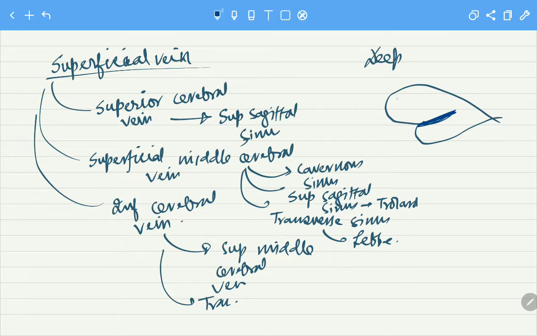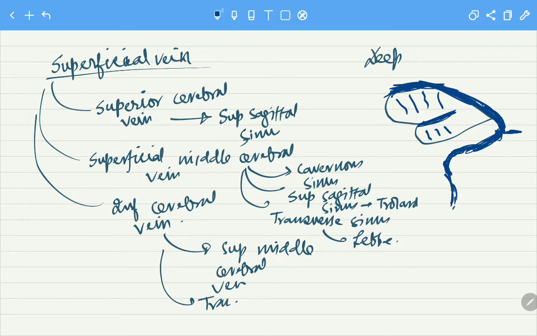Then we have the superior cerebral veins, which are draining mostly into the superior sagittal sinus, which is present here. And then we have the inferior. So this is our superior sagittal sinus draining into the transverse sinus, sigmoid sinus, and the internal jugular vein.